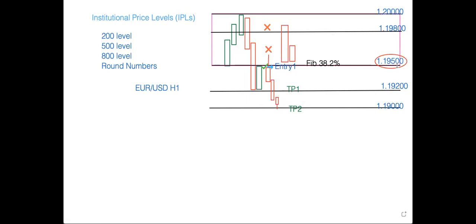I definitely recommend you consider IPL as a priority over Fibonacci, because IPL can protect your trade from your stop loss being hit.